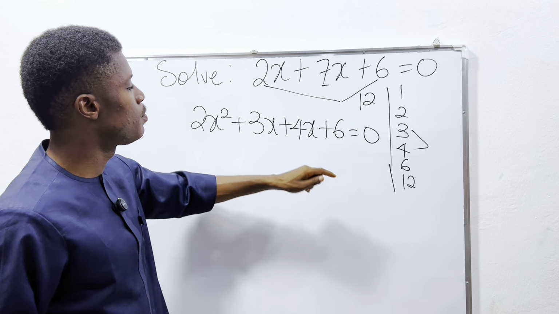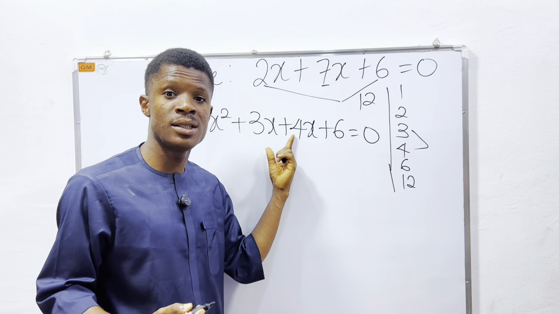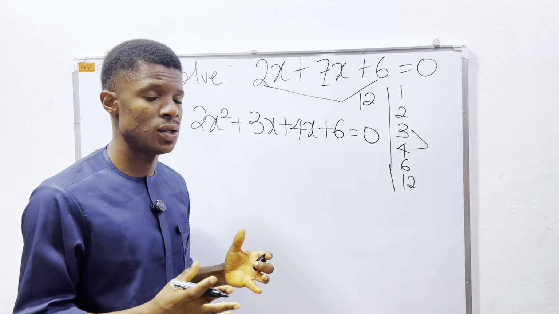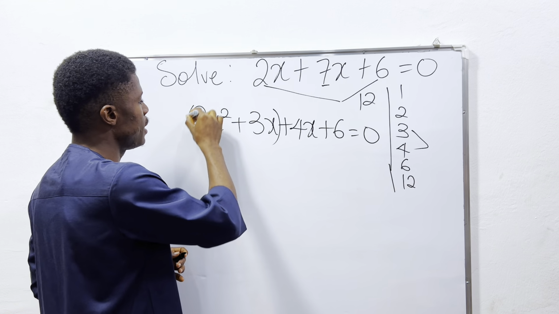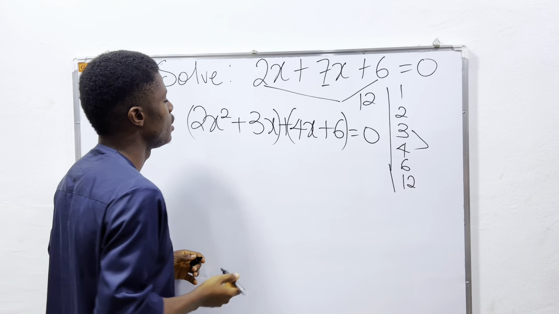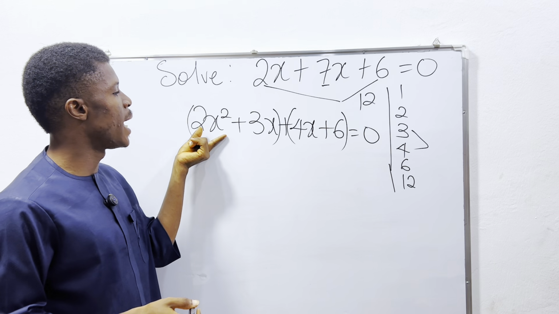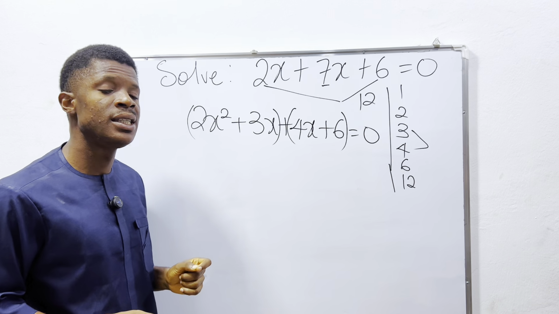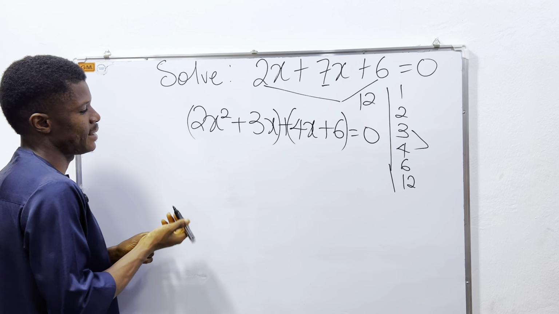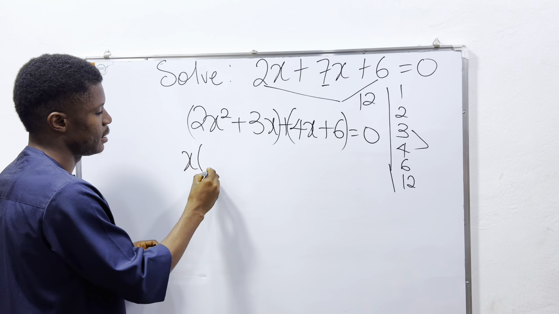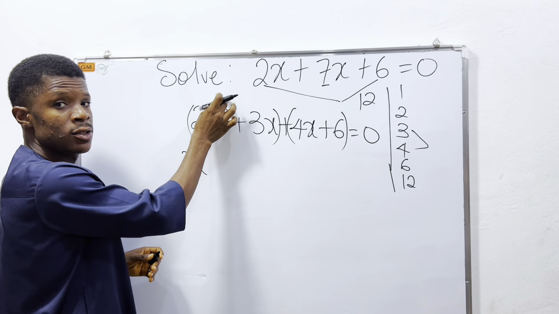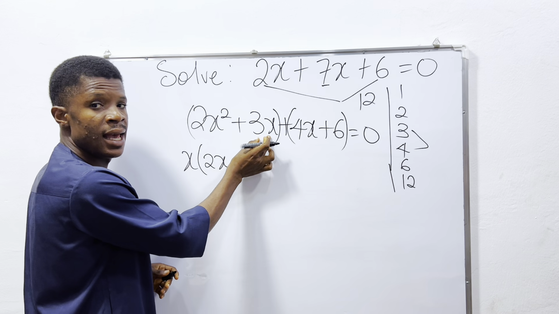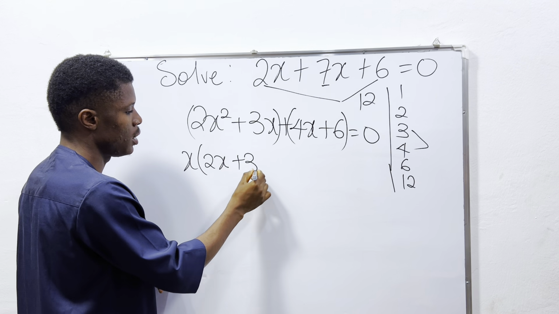The two numbers play an important role in splitting the middle term. The next thing we do is pair in twos: the first two terms and the last two. What's common between 2x squared and 3x? The common thing here is x. If I factor out x, x divides 2x squared, leaving 2x, then x divides 3x, leaving 3.